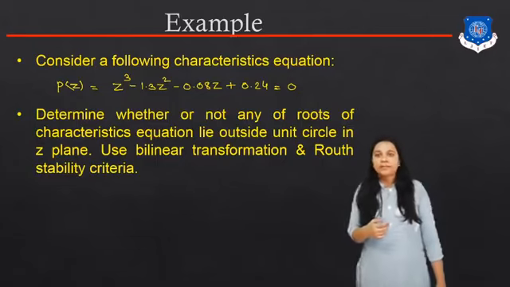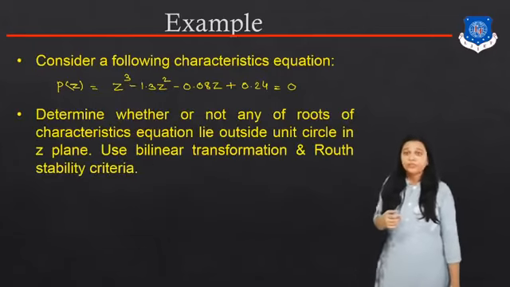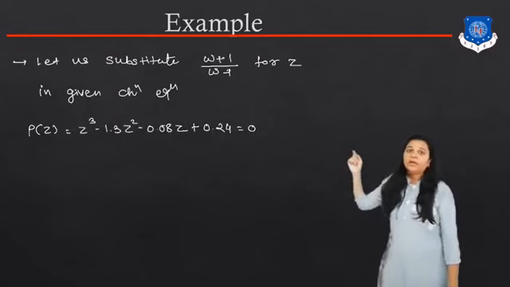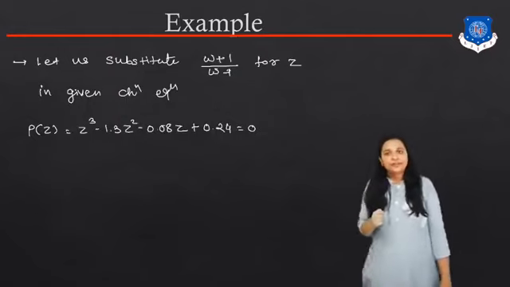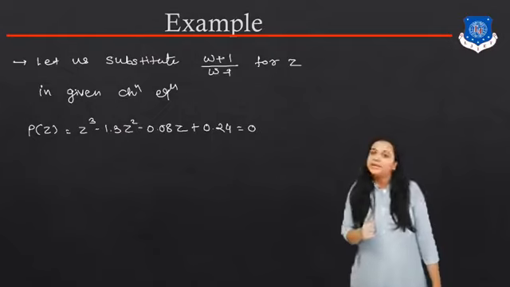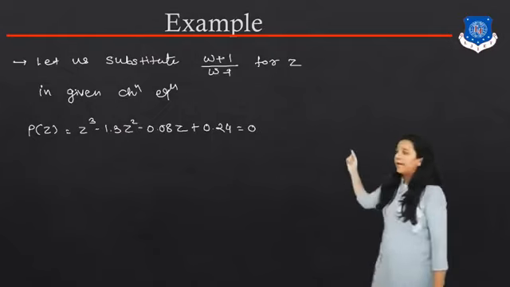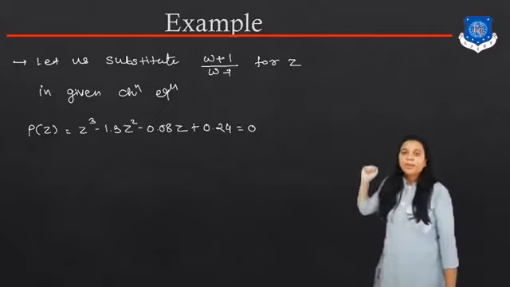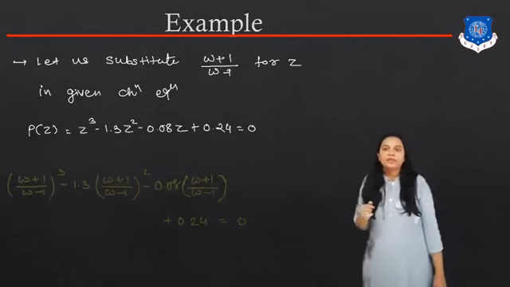So our first step is, let us substitute (omega plus 1)/(omega minus 1) for z in the given characteristic equation. The characteristic equation P(z) is z cube minus 1.3 z square minus 0.08 z plus 0.94 equal to 0.